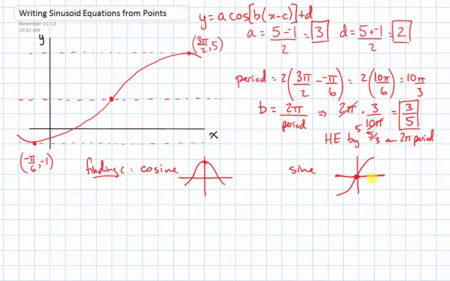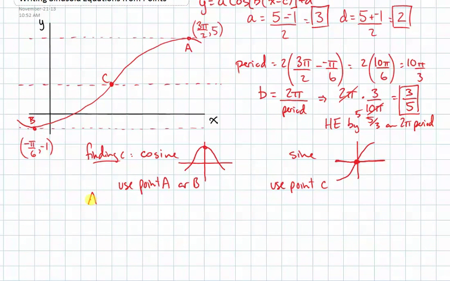So if I'm going to use cosine, I'm going to want to refer to point A in my graph above, or B. I'll talk about B in a moment. Now, if I'm going to do sine, I'm going to use point C, the mean value. I'll just write U's in front. These are my references that I'm going to refer to.